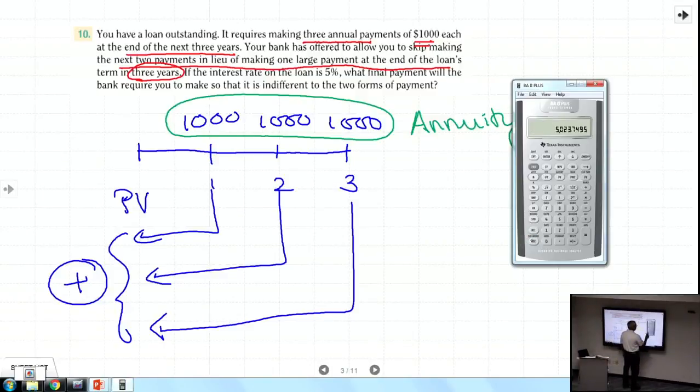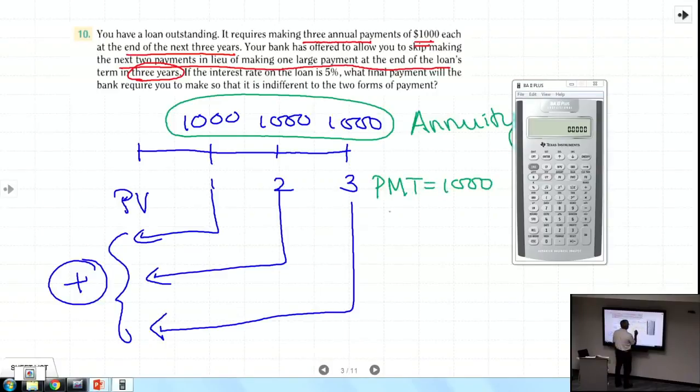I clear everything, do a second clear TVM. Since this is an annuity, my payment is 1,000. I have 3 years for my annuity, and my interest per year is 5%. 5% loan, so it's a 5% interest.